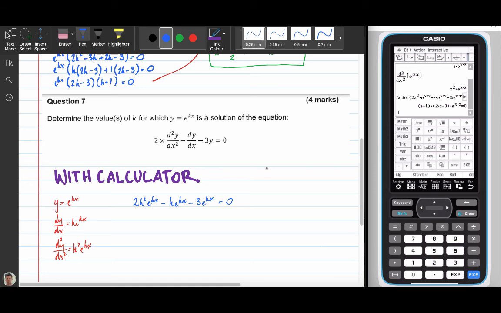We have to make sure that we continue to substitute k for z in the calculator, and we can straight underneath write (k plus 1)(2k minus 3)e to the kx equals 0. You won't need your calculator for the last piece, because you'll be able to go, well, there's no solution for e to the kx. K here is going to be equal to 3/2, and k here is equal to -1.